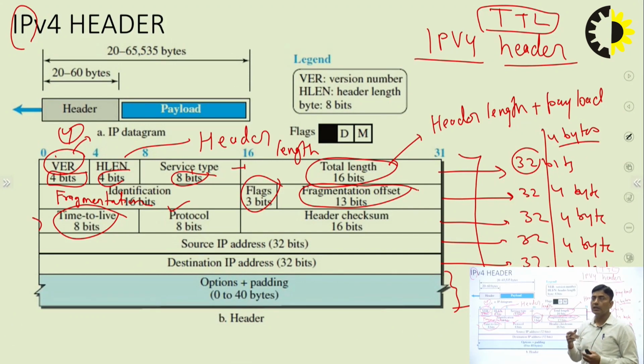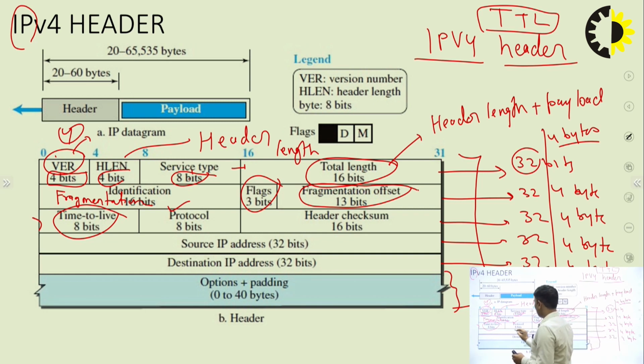Time to live is a field that gives some number and decides for how much time this particular packet will be live, and after this it will expire. This is very important to avoid congestion, because once the packet is not delivered within the time to live, it will be discarded. So it cannot move further in the network and unnecessarily create jams and congestion.